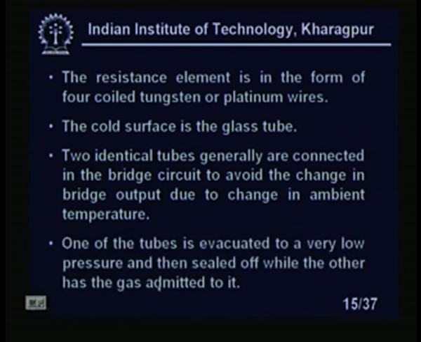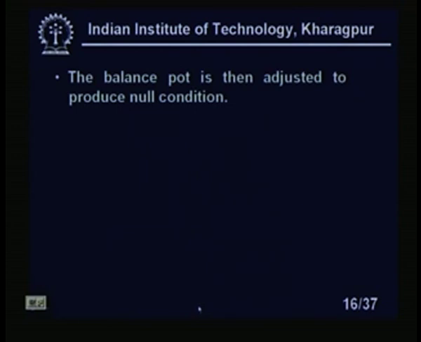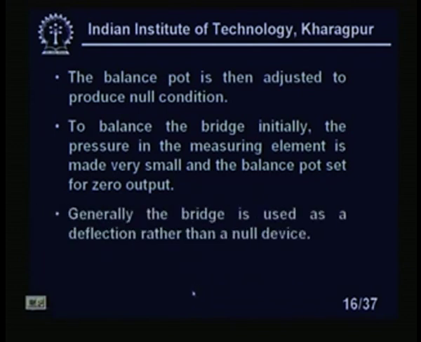One of the tubes is evacuated to a very low pressure and then sealed off, while the other has the gas admitted to it. The balance spot is then adjusted to produce the null condition, right. I have explained that. To balance the bridge initially, the pressure in the measuring element is made very small and the balance spot set for 0 output.